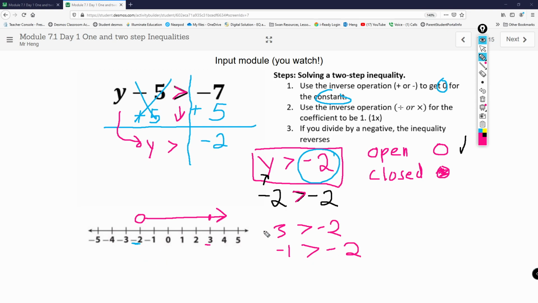Remember, guys, when we go to the right, the numbers get bigger. Even though this looks smaller, it is not. It's still bigger than -2. Is 4 greater than -2? Yeah, it is. Is 1,000,000 greater than -2? Yes. So this right here, my friends, is the correct graph, but also this is the correct answer. Okay? Moving on.